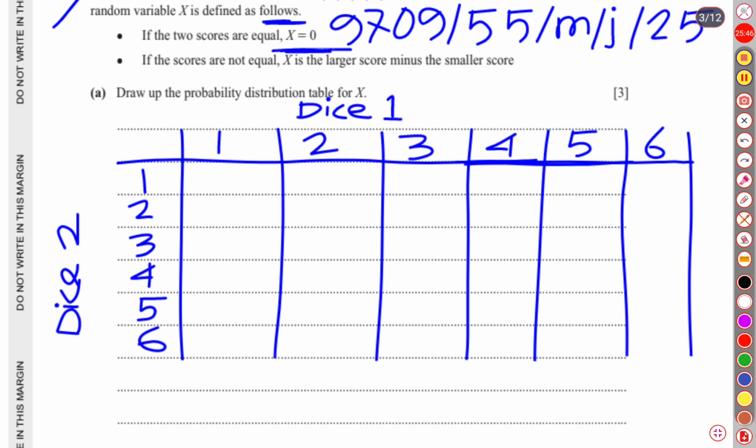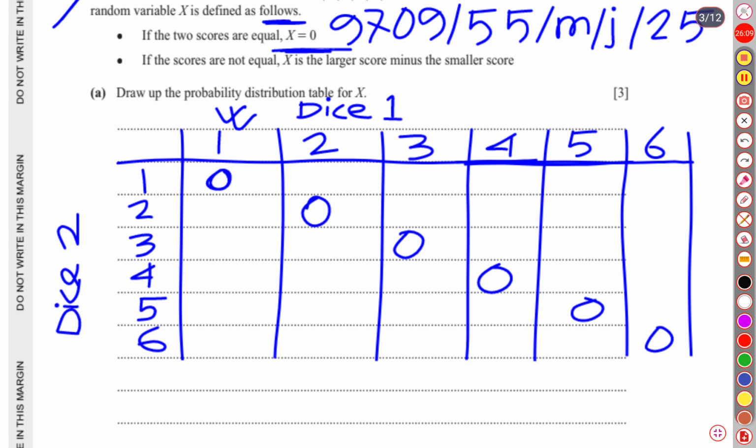Let us see, from the first dice there is 1, and for the second dice also 1, so it is 0. Over here, first dice is showing 2, second dice is also showing 2, 0. Then 4 minus 4, 0. Then 5 minus 5, 0, and 6 minus 6, it is 0.